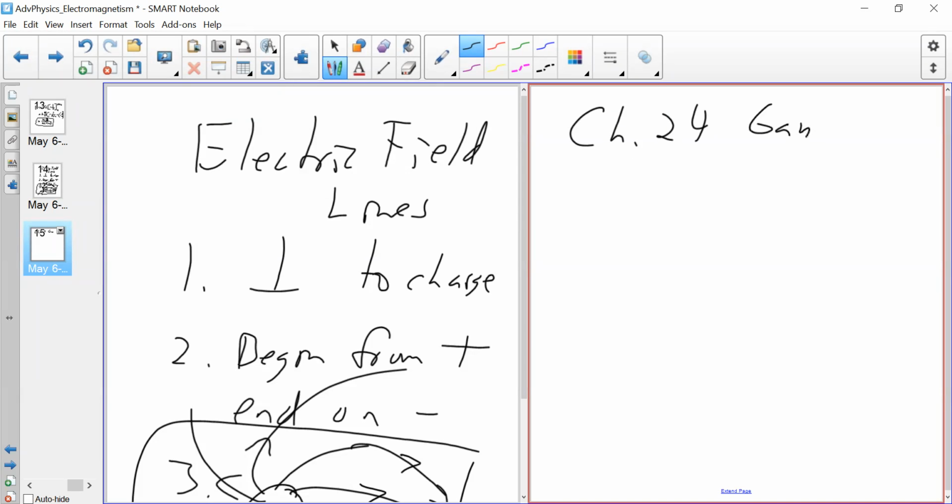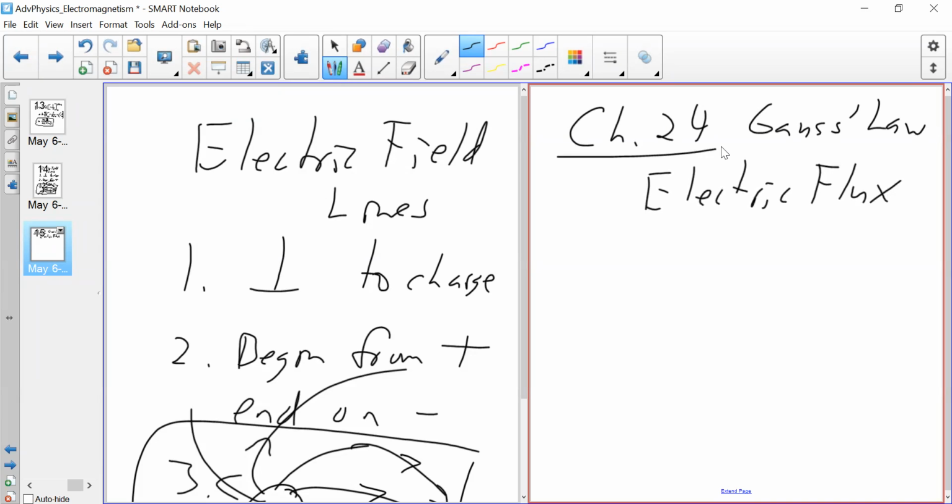Okay, chapter 24, Gauss's law, electric flux. We shall start off with the concept of electric flux. Electric flux is basically how much electric field goes through a certain region of space. Because the plural of flow is flux.